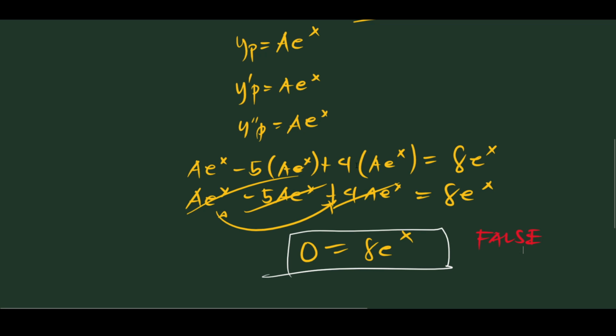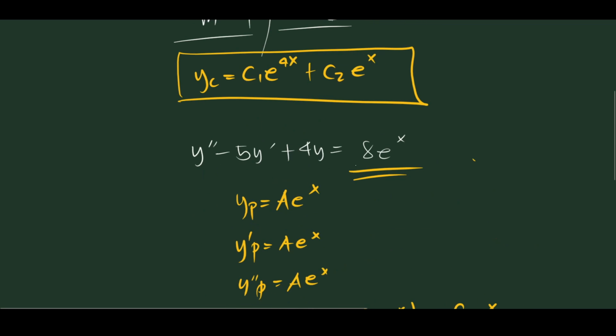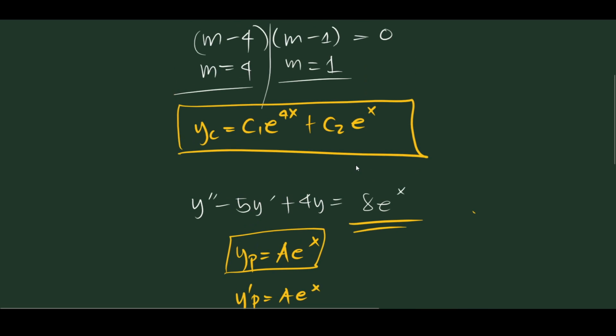Let's take a step back. What happened was, as you can see, our guess in this case is wrong, because the form of our guess is a, any arbitrary constant, multiplied by e raised to x, right? But if you take a look at our complementary function, we also have a solution, c2, which is also an arbitrary constant, multiplied by e raised to x.